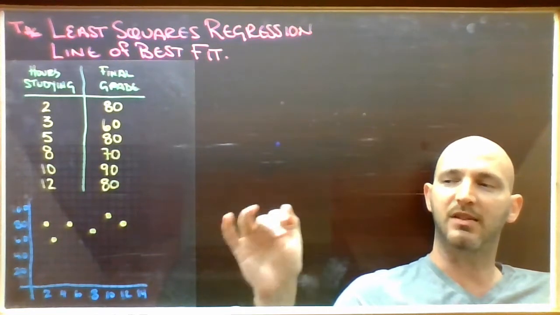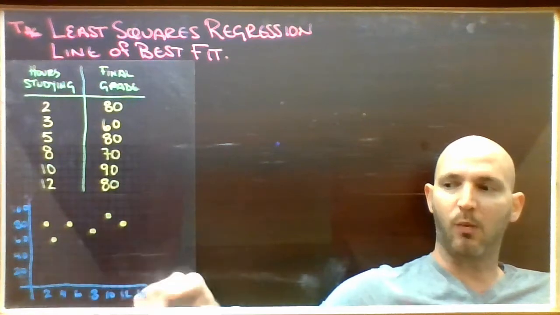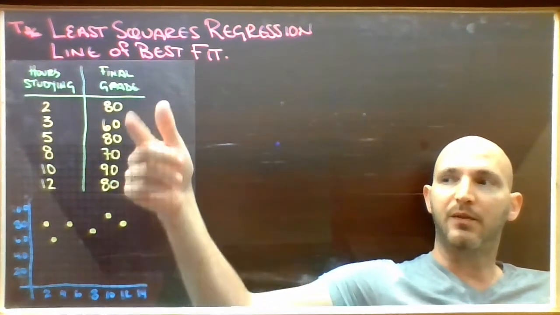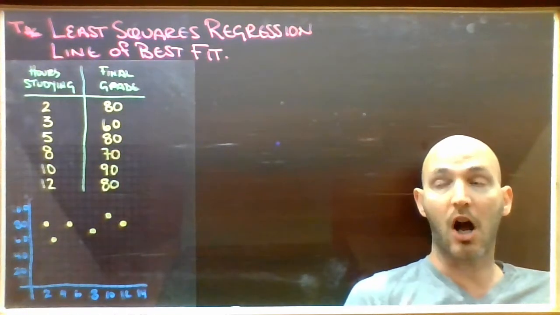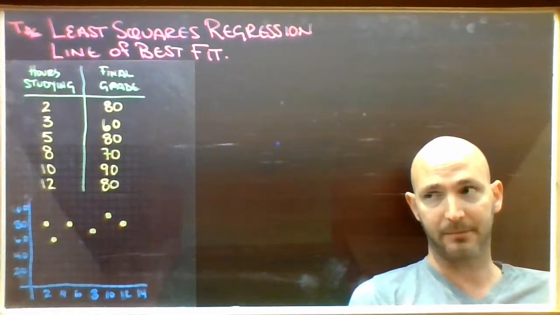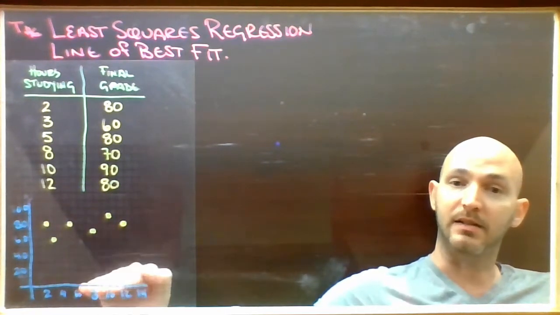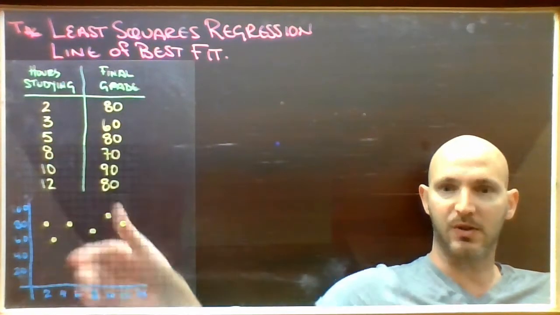So it's sort of implied here that the hours studying are what caused the effect, so it should go on the x-axis. And the final grade is the outcome that we're going to observe as a consequence of those hours being studied. So anything that is causing the effect goes on the x, and anything that we're observing to have occurred as a result goes on the y.